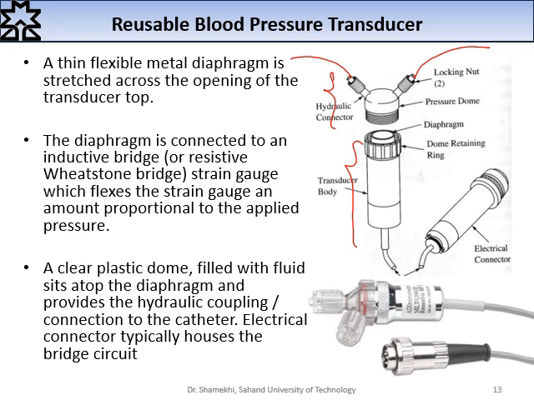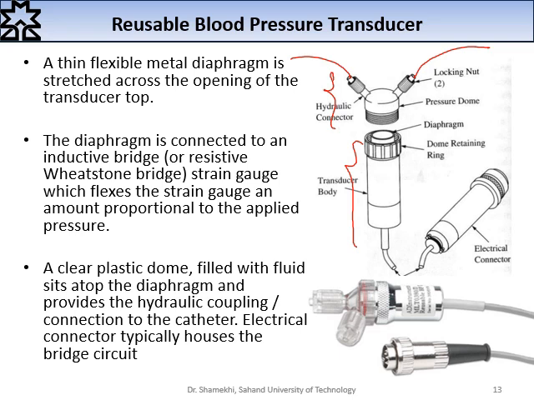The reusable parts, as you can see, consist of a diaphragm and some other electronic parts. A thin, flexible metal diaphragm is stretched across the opening of the transducer top, and the diaphragm is connected to an inductive bridge, as we mentioned before in the lecture on sensors.